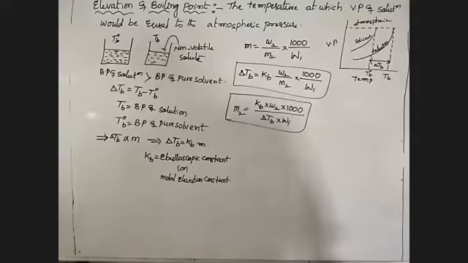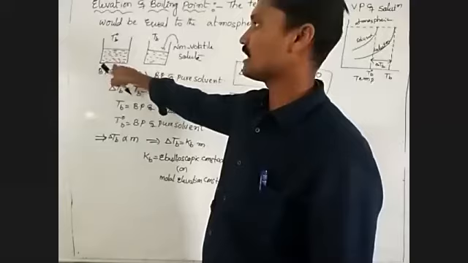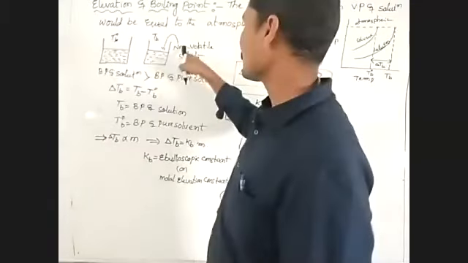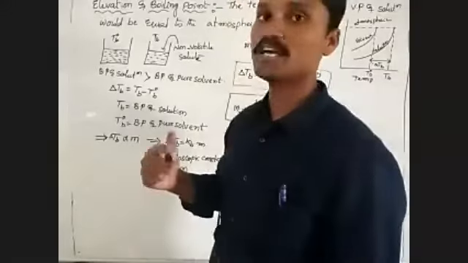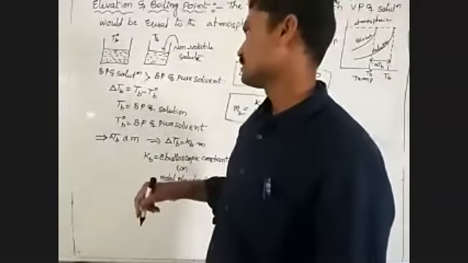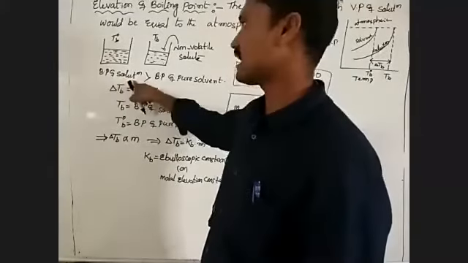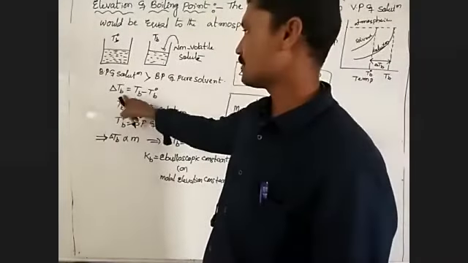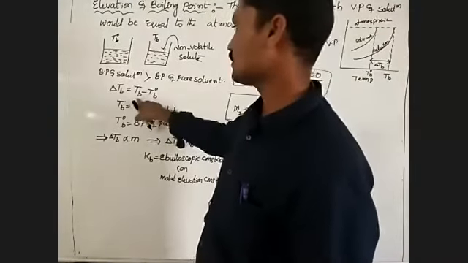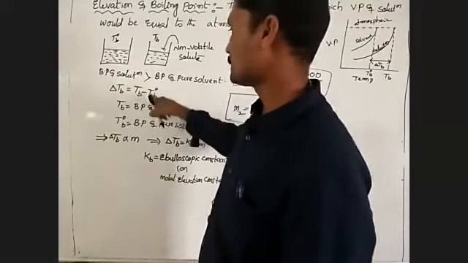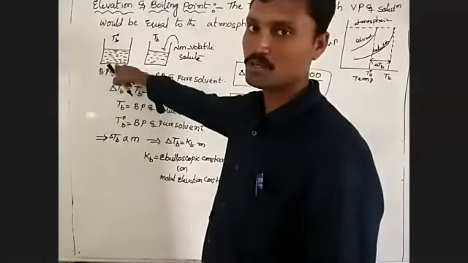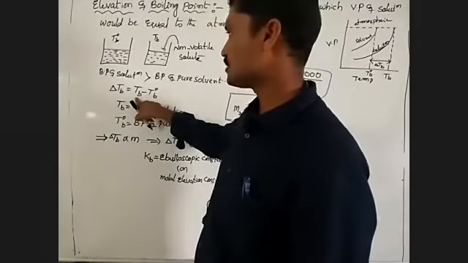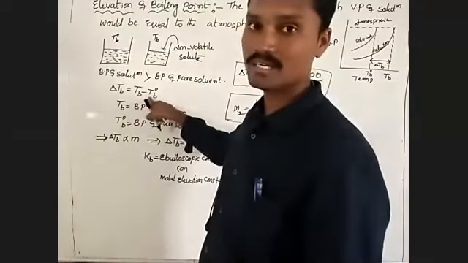Take a solvent in a beaker; its boiling point is T naught B. After adding the non-volatile solute to the pure solvent, a solution forms, and its boiling point is TB. The boiling point of the solution is always greater than that of the pure solvent. So delta TB is equal to TB minus T naught B.